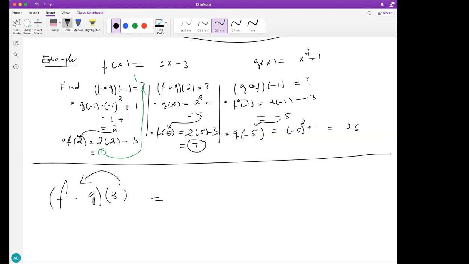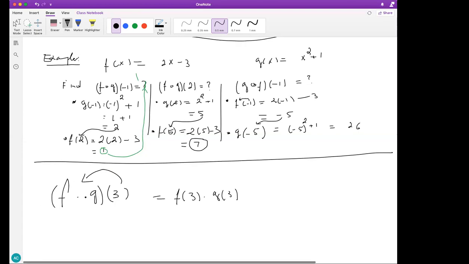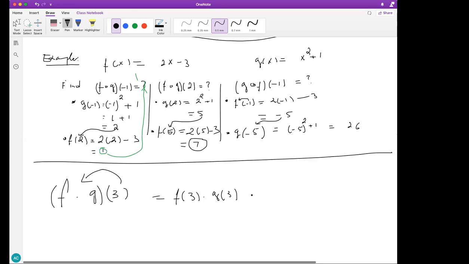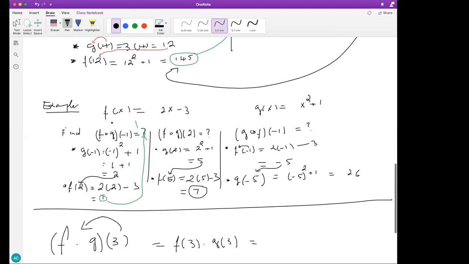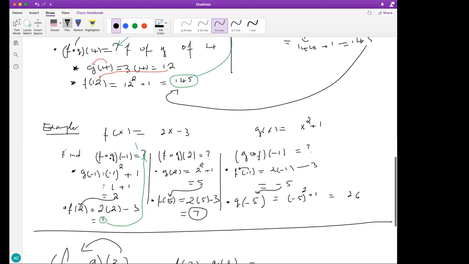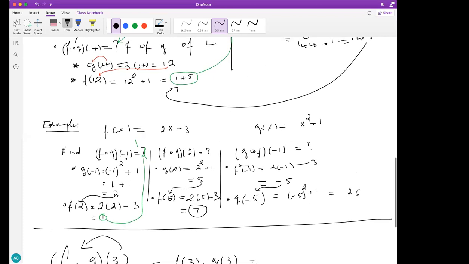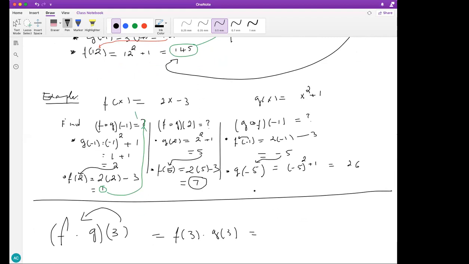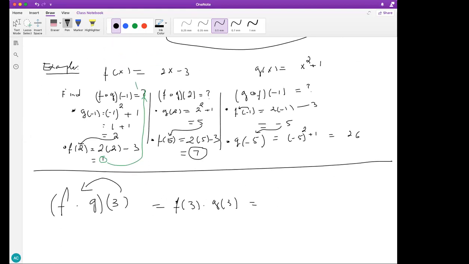You find f of 3, and you multiply that by g of 3. You find this one first, and you find this one, then multiply the two. That's the difference. Unlike here, when you have to find the first one first, whatever you get goes into the second one.